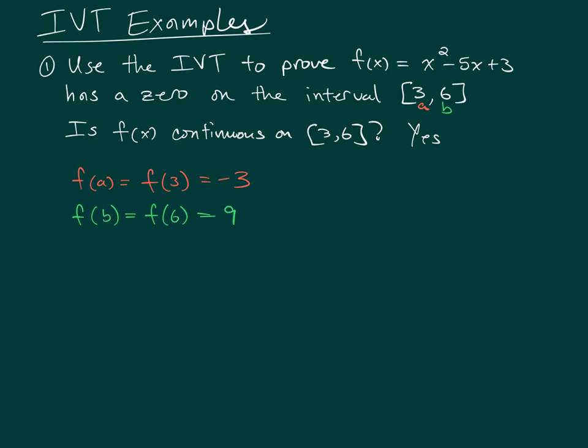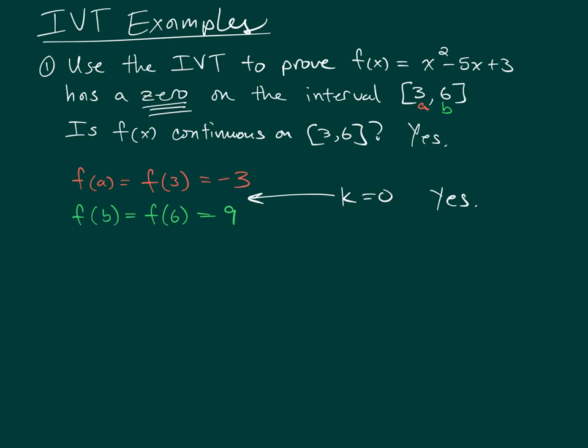So what the intermediate value theorem states is that since we are looking for a zero, which has a y-coordinate of 0, which would be our k, is that between these two numbers? And the answer is yes.